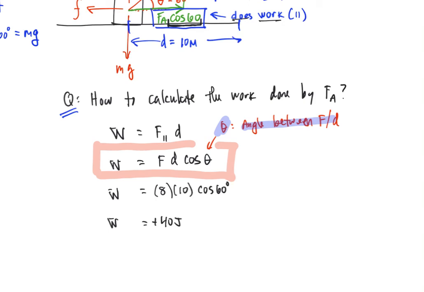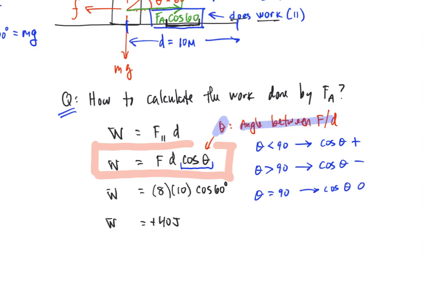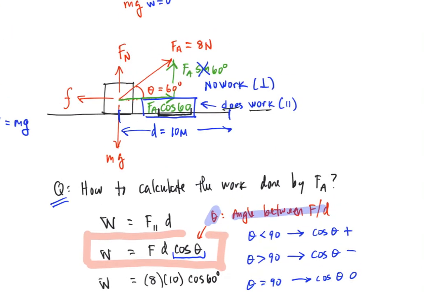Some of you probably know a fair bit about this function, the cosine of theta, but just remember when theta is less than 90 degrees, then the cosine of theta is positive. When theta is more than 90 degrees, the cosine of theta is negative, and when theta equals 90 degrees, the cosine of theta is 0. So this will actually incorporate what we already know.